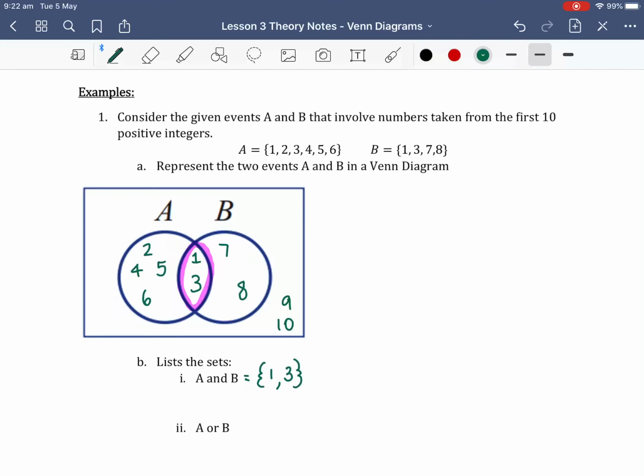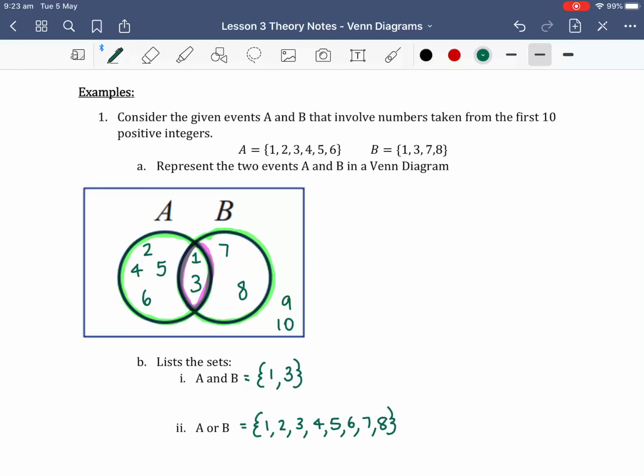Now the set A or B is going to be the whole kit and caboodle. It's whatever's in A and whatever is in B. So we're going to write that out: 1, 2, 3, 4, 5, 6, 7, 8.